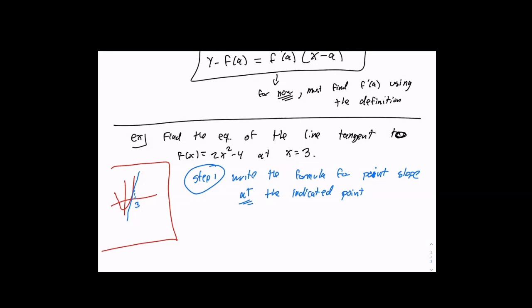Basically what I have boxed up, but we're going to replace the a with the value of a. y minus, I want you to replace the a though, with 3.